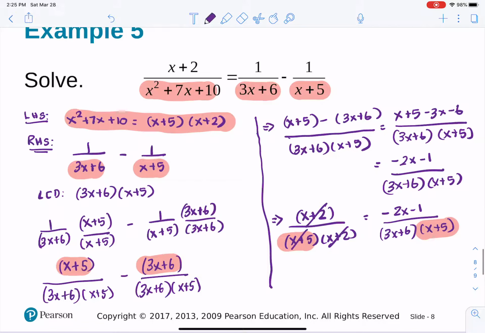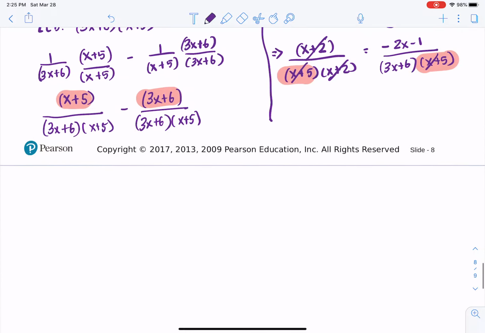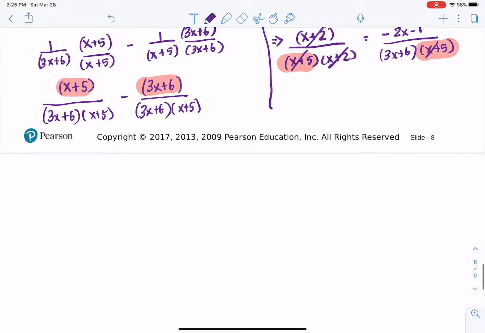We cancel those two out, and we will simply have 1 over 1 equals negative 2x minus 1 divided by 3x plus 6. So we have a single term on the left-hand side, a single term on the right-hand side.